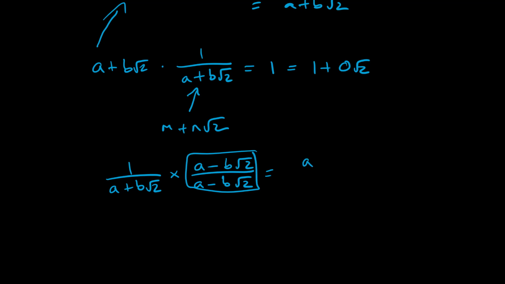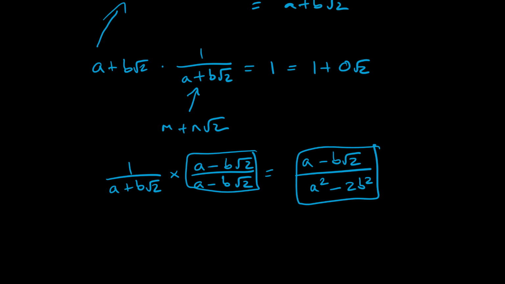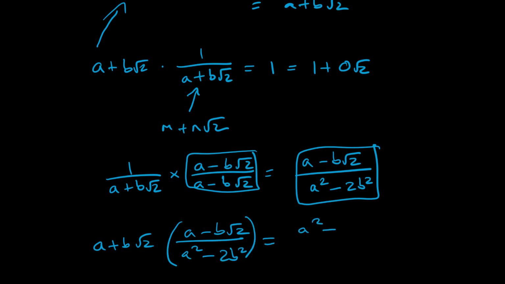So what we're going to have is a minus b root 2 divided by a squared minus 2b squared. And in fact, this element works as an inverse, because if you take a plus b root 2 and multiply it by a minus b root 2 divided by a squared minus 2b squared, we get a squared minus 2b squared divided by itself, which is 1, which is the same thing as 1 plus 0 root 2. And there we have inverse and identity, and we already have closure.